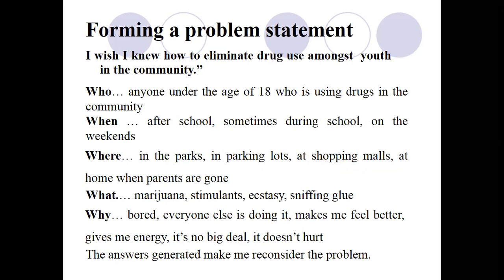What they are actually going to use, like marijuana, sniffing glues, and different types of drugs available. And why they do it: they think that it will help them do good work, or the drugs will give them comfort. So that's why they use it. This way we can generate a specific problem statement.